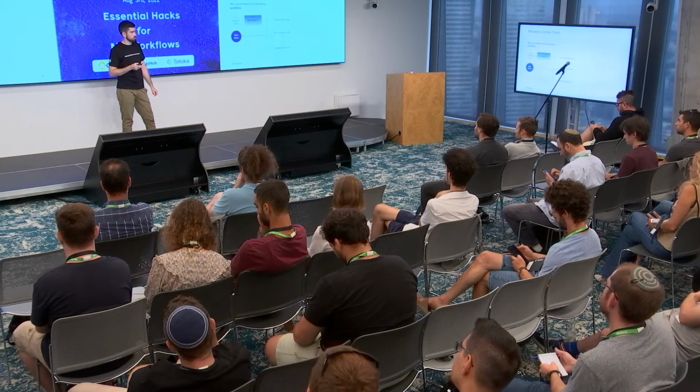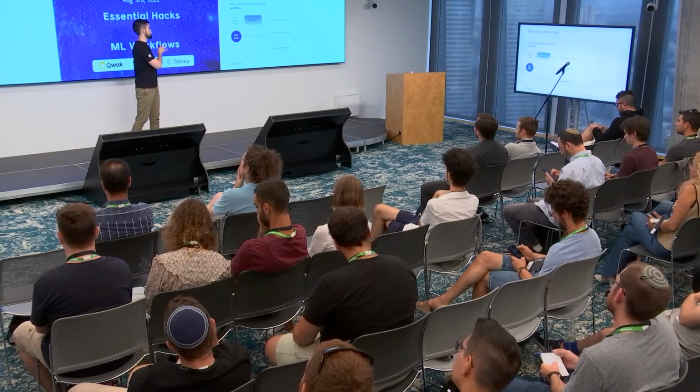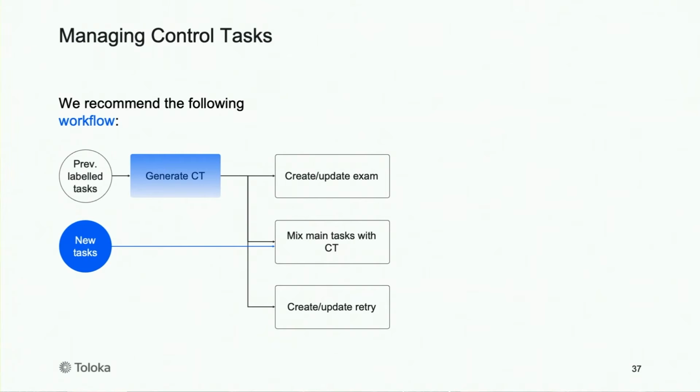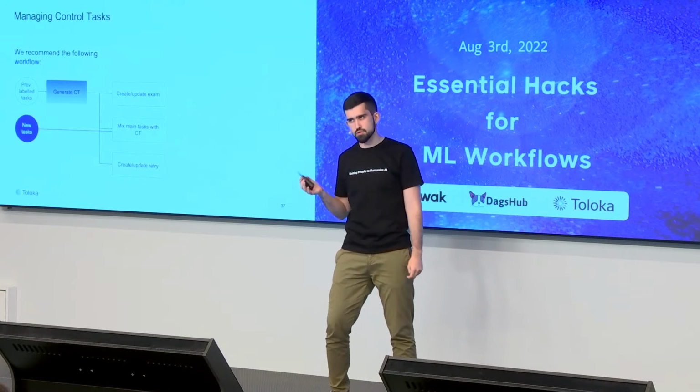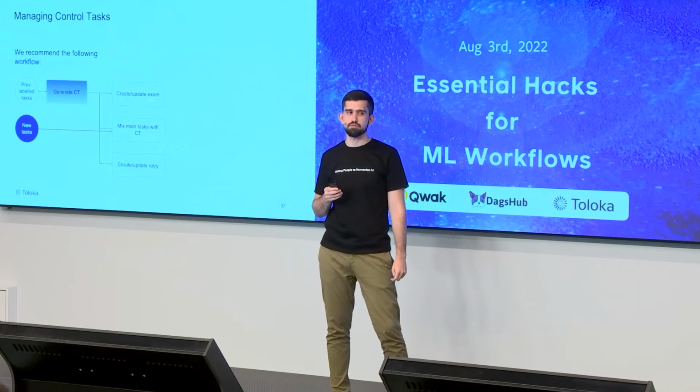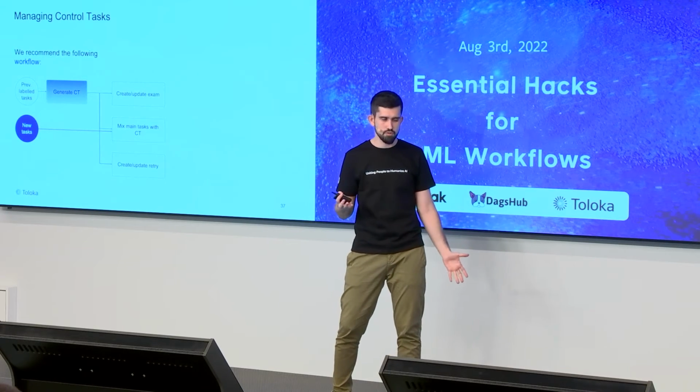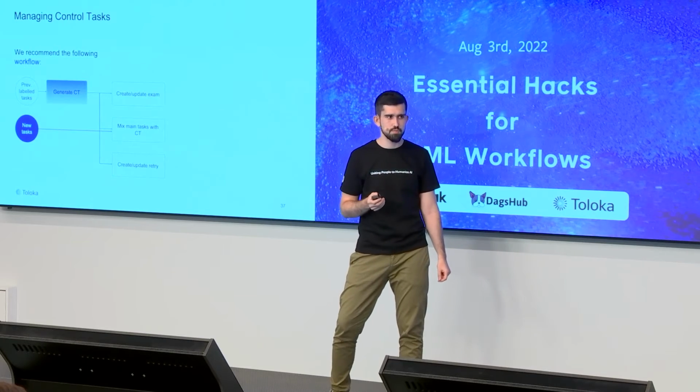So actually, when dealing with skills, we recommend the following pipeline. This blue circle is the new tasks that you are receiving. At the same time, you should get previously labeled results and try to generate some control tasks from them. I can say that this could be done automatically, and some crowdsourcing platforms even provide this functionality as part of the platform, and Toloka is not an exception.